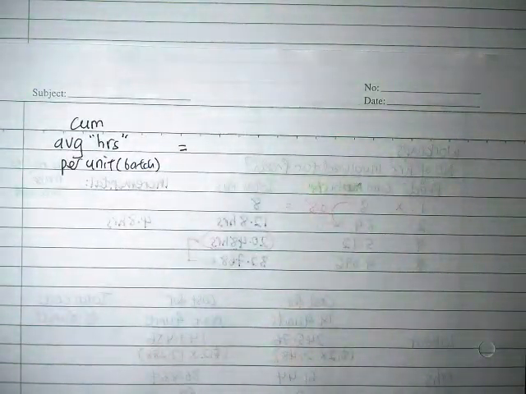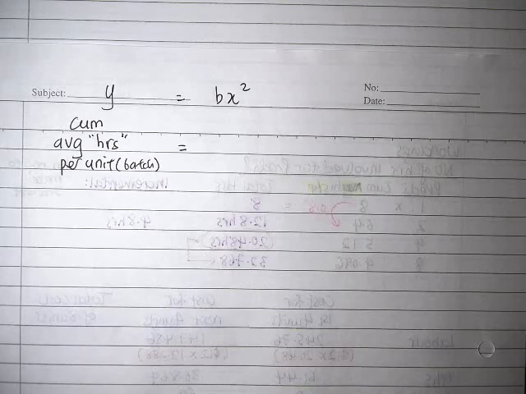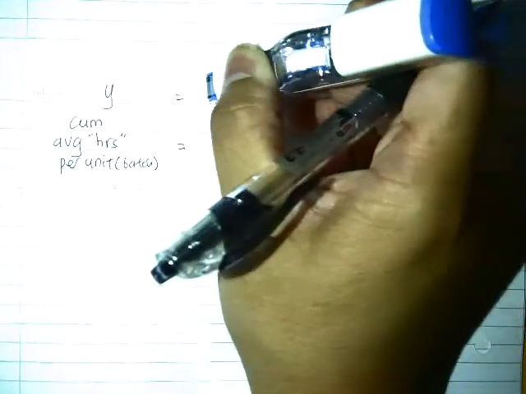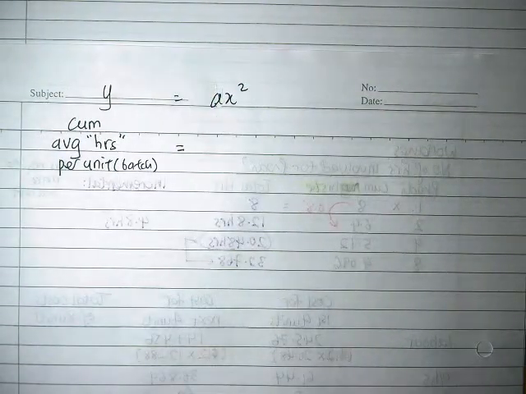Now, the next thing that we're going to see in learning curve is we know that this so-called average hour, the cumulative average hour, whether it's per unit or per batch, and of course you can replace hours with your costs, can actually be determined with this formula that y equals ax to the power of b.